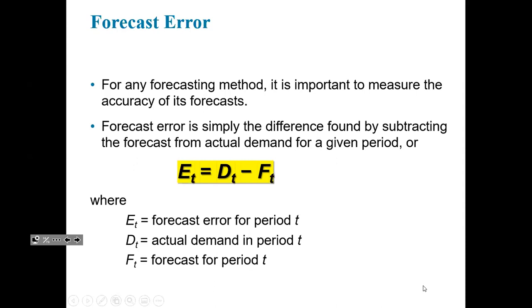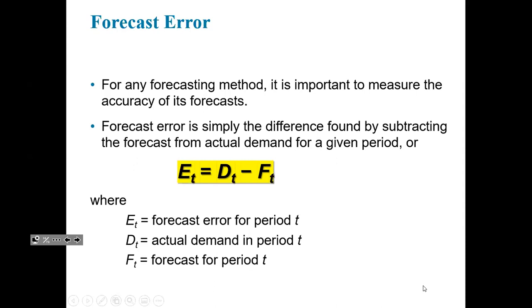But more often than not, that's not going to happen. So we need to figure out what's the magnitude of error that we have, what's the difference between what we forecasted and what we actually ended up selling, and is there a technique that can actually make that value smaller such that the error value here is as close to 0 as possible.